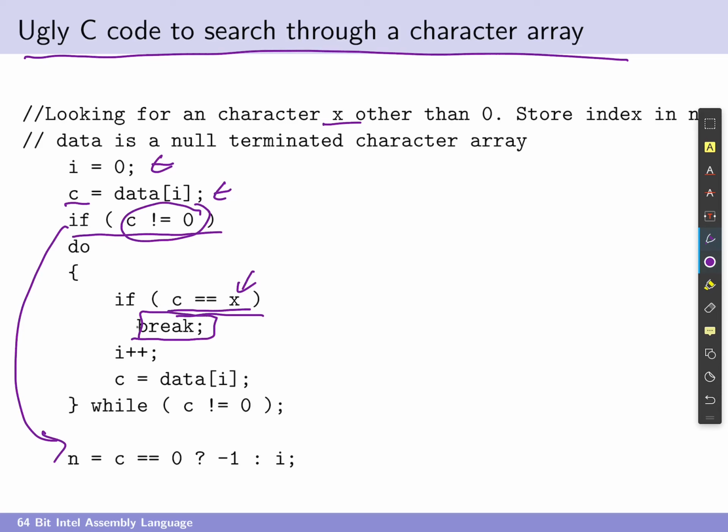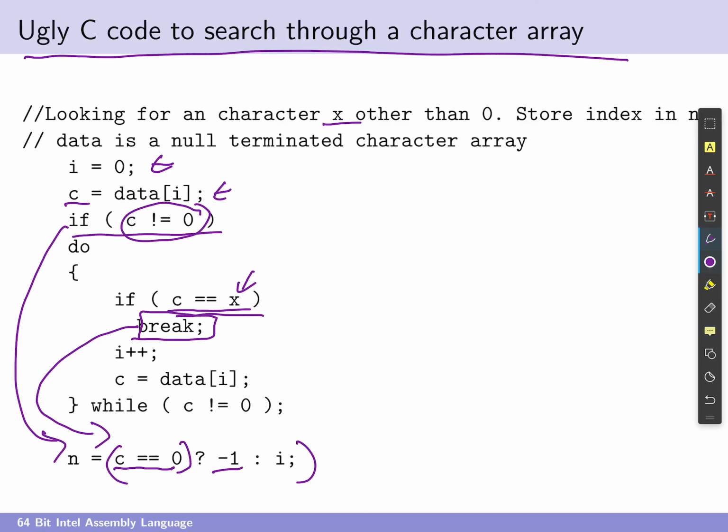Once I've broken out of this loop body, I'll now have to execute this ternary if statement. In case you're a little bit rusty on your C++, all this is doing is saying: if the current character is equal to null, that basically means I got to the end of the string. If C is equal to the null character, it means I did a whole pass and didn't find anything, and that means I'm just going to return -1.